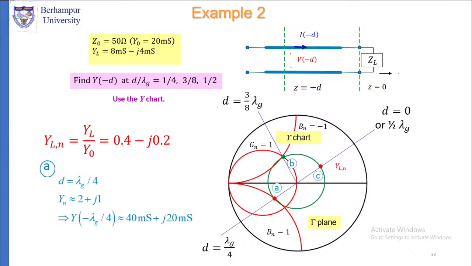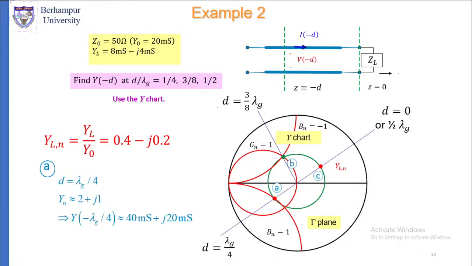First locate where YL is. Find the 0.4 circle, then find the minus J0.2 circle. From their intersection point, which is the point A, you proceed.